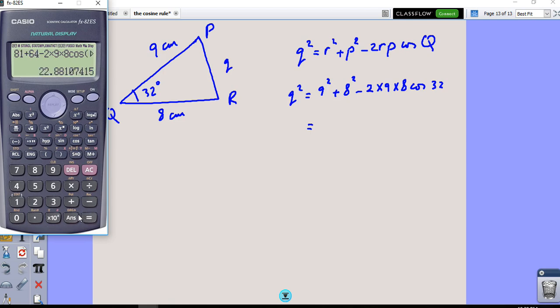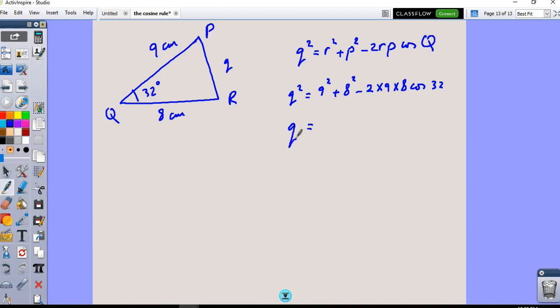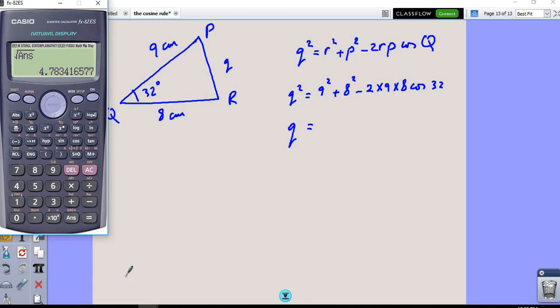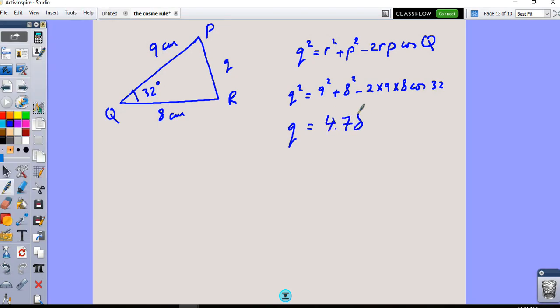And this is 22.88. Actually, we don't need to write this down because what we need is q. So in order to maintain accuracy, we can take the square root of the answer immediately. So q is equal to 4.78 centimeters. And that's the cosine rule.